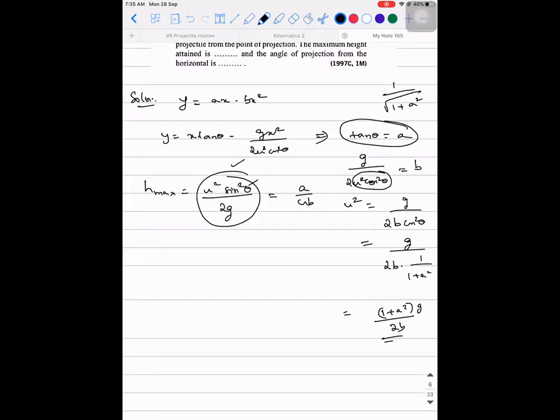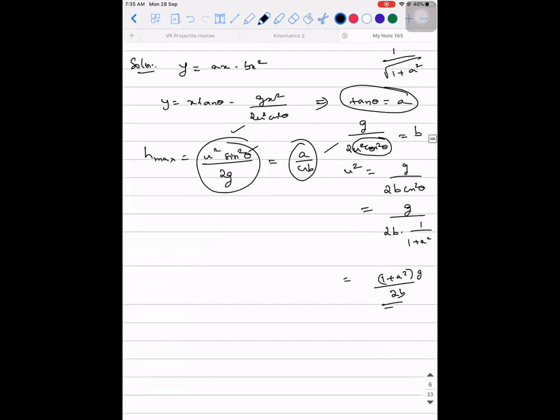Sir, we can take g value as b into 2u square cos square theta. We could have done that. g value would have been b into 2u square cos square theta. That would have got the answer. That's right. So we could have taken it like that. Sir, can we also write tan theta in terms of sine and cos? That also could have been done. So a square divided by 4b, that's right.